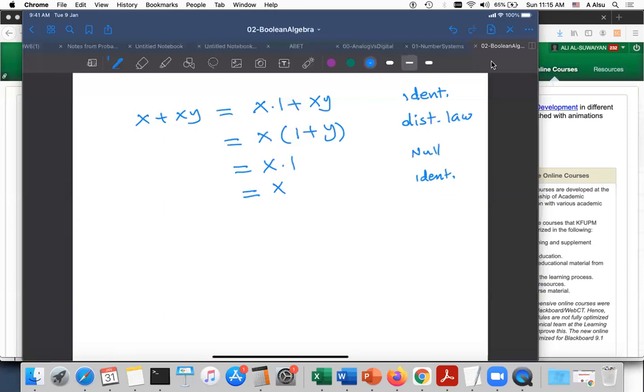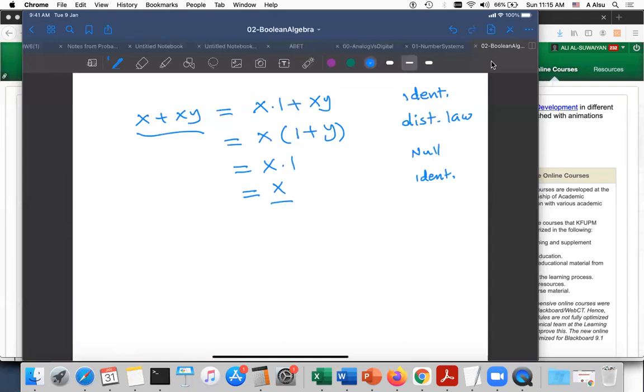So this is a justification of each step. You can see that we have proven, using the previous things that we learned, that this is nothing but x.